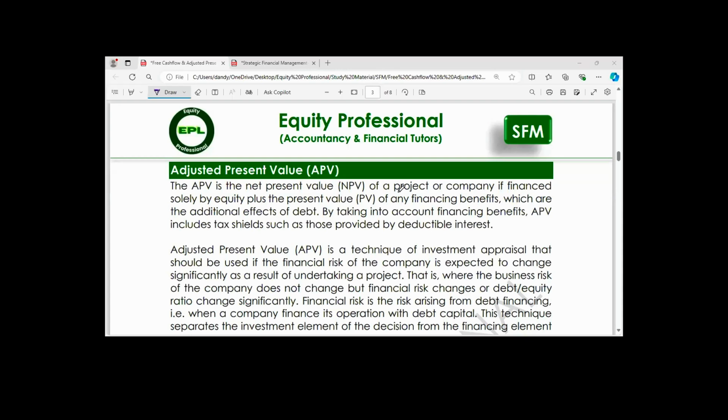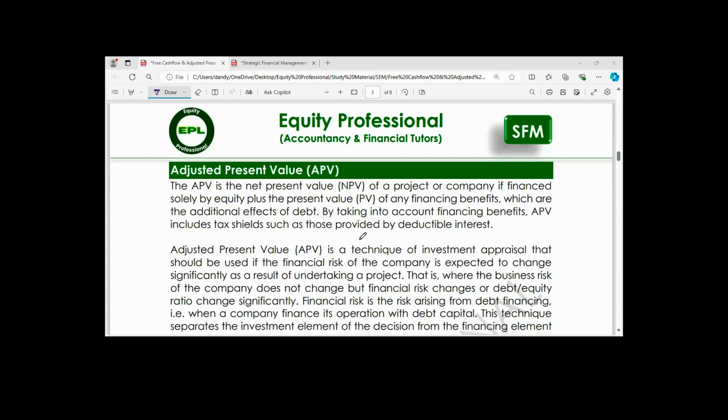So if in the question you see anything like issue cost or subsidized loan, you don't need anybody to tell you that you're supposed to use adjusted present value to appraise the project. Okay? Now, how do you then calculate adjusted present value? There are 4 procedures you are supposed to carry out whenever you want to calculate adjusted present value.